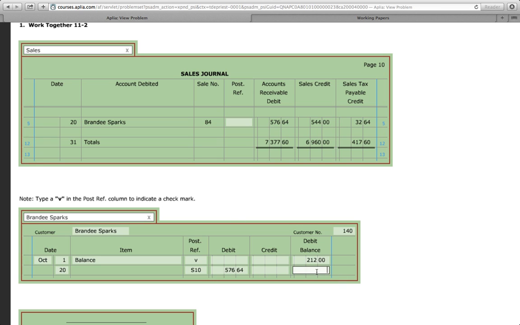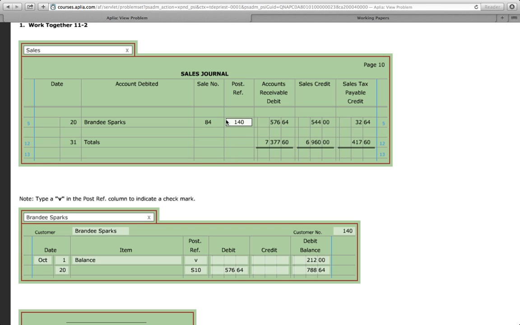Now I've got a previous debit balance and a debit entry. What do I do? Add. Got a debit balance and a debit entry, so we will add them. And her new balance is $788.64. And then I take this customer number 140 up here and put it in the post reference column.